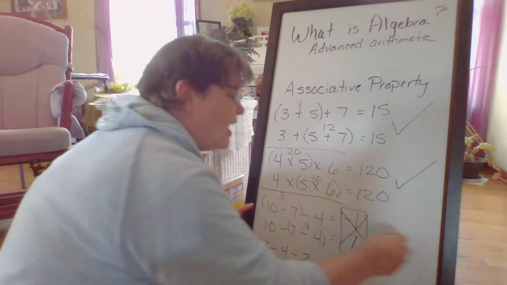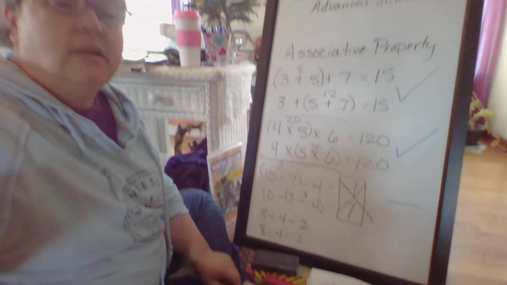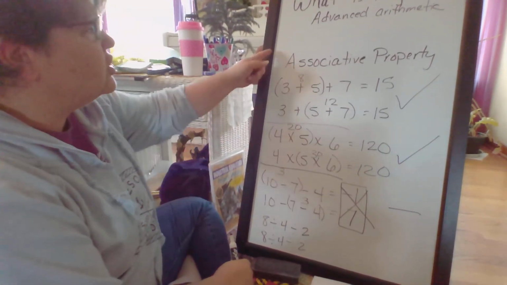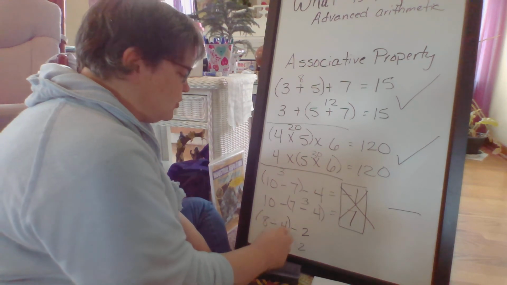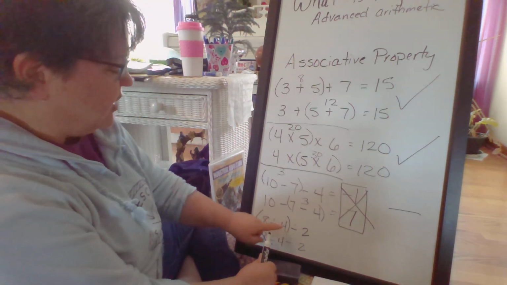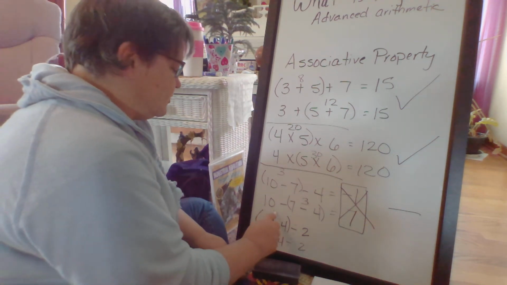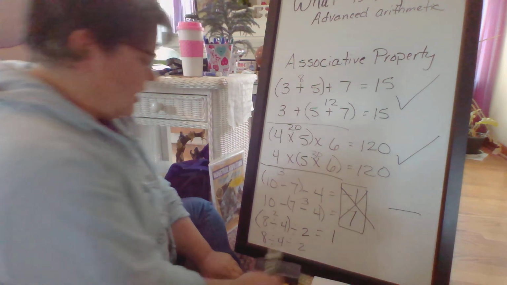Subtraction is not associative. And finally, we want to look at division. Is division associative? When I associate these numbers, will I come up with the same answer or the same quotient? All right, 8 divided by 4. 4 goes into 8 2 times. 2 divided by 2 is 1. Let's look at this one.